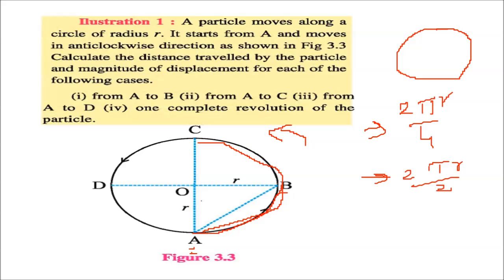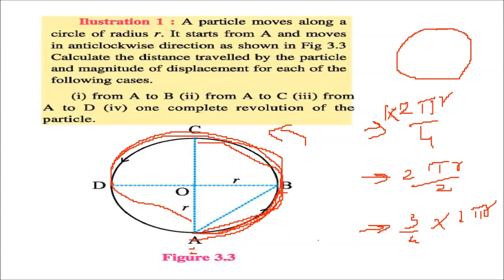So the distance will be this. How much about this? This is 3/4 of 2 pi r, right? Yes, this is 1/4 of 2 pi r, so this is 3/4. And how about this? If it starts from A and comes back to A, what is the distance? This is the complete 2 pi r. So these are the distances.